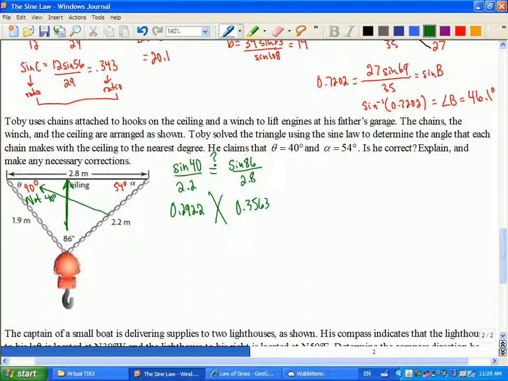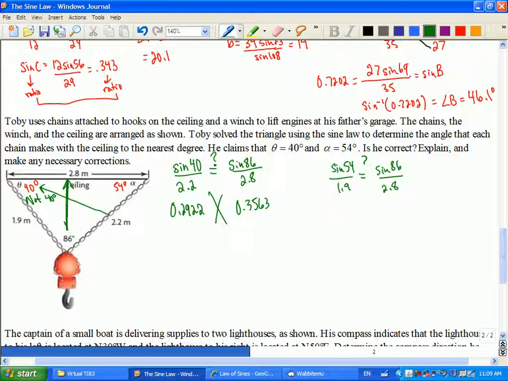Now what about 54? Could he be right about 54? It's obviously wrong. Why is it obviously wrong? That's right. So we could repeat this process. We could check, is the sine of 54 over 1.9 equal to the sine of 86 over 2.8?